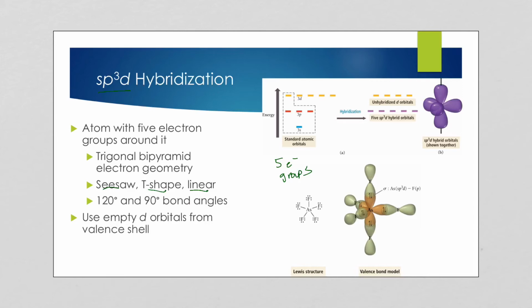Remember, the only difference, just like we saw with sp3 hybridization, is that when you see these geometries, one of these hybrid orbitals is going to have a paired set of electrons, which are going to occupy that lone pair. So this kind of hybridization can also be used to explain any of the shapes that have 5 electron groups.